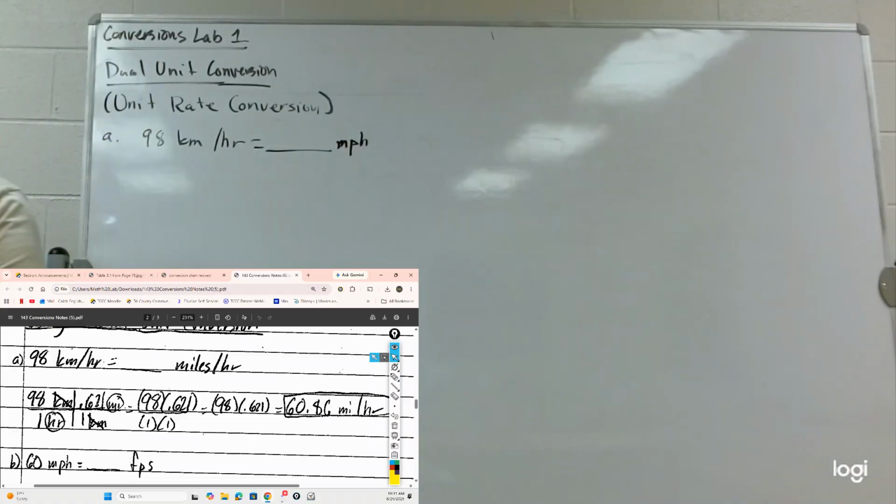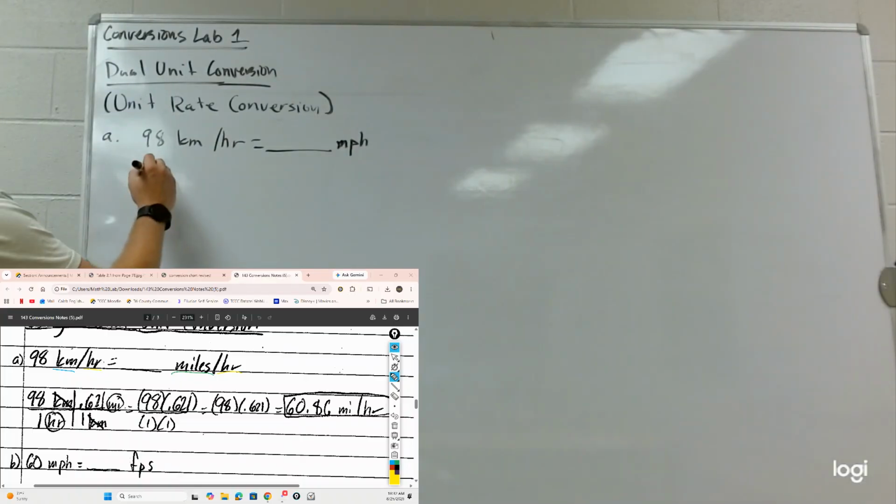A trick to this is, before you do these, always check to see if you have any units that are the same. Kilometers and miles are definitely not the same, so those are different, but they are both over hours, right? So that means that we're not going to mess with the hours. We're going to leave that alone.